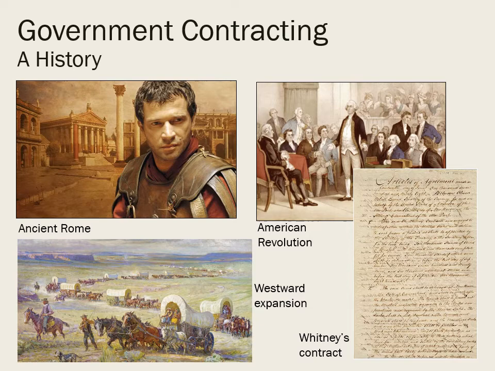Actually, the first government contracts dispute in U.S. history deals with Eli Whitney of cotton gin fame. Bottom right is his contract. So he actually wasn't making any money for inventing the cotton gin, so he decided to get government contracts and manufacture muskets for the new U.S. Army.